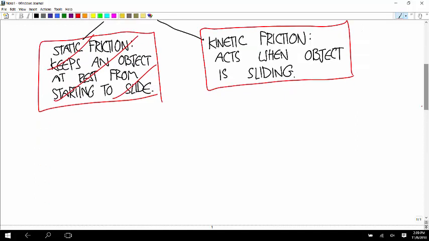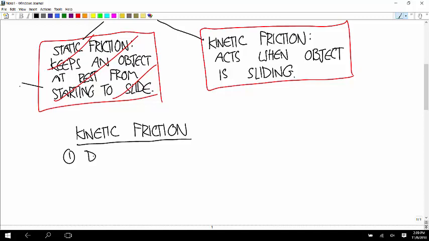Okay, so what do we know about the kinetic friction force? Well, no matter how fast the object is sliding, or whether it's accelerating or not accelerating, the friction force vector is the same. Its direction is opposite the direction of motion.